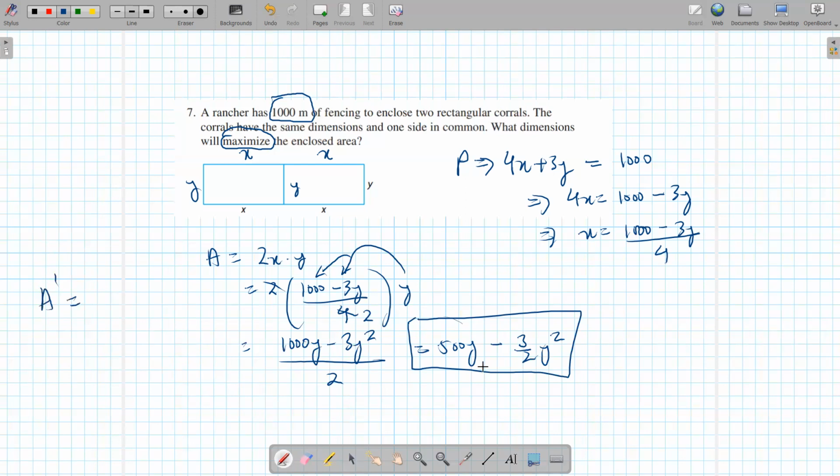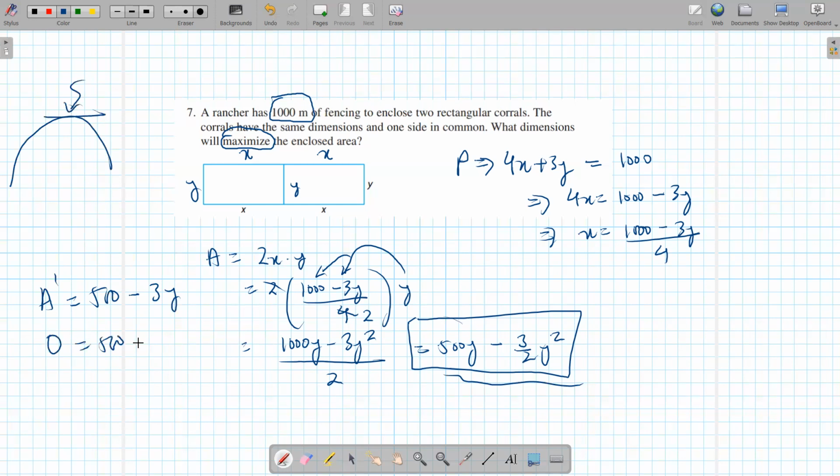If you find it, what's the derivative of this? 500 minus 6y over 2. So 6 over 2 is just 3y, right? And then what do we do with this? This is the derivative. We know this has to be 0 at the maximum because there's going to be a turning point there. The slope of the tangent is 0.